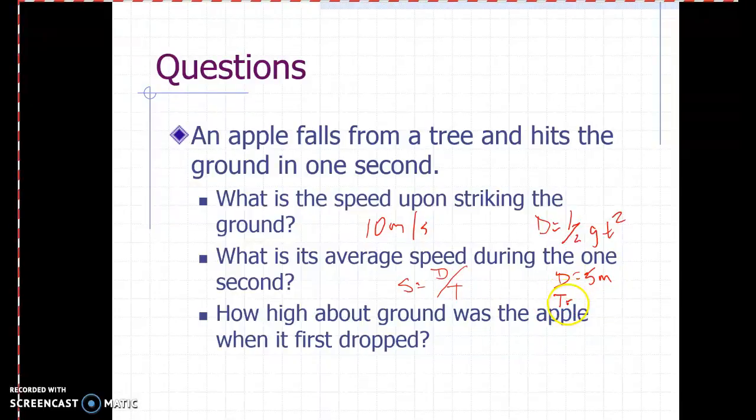Your time is 1 second. So plug and chug. 5 meters, 1 second. It's equal to about 5 meters per second. We knew that. Okay. How high was the ground? Well, we did that. We already solved that. Here we go. Kind of went out of order, but there you go.